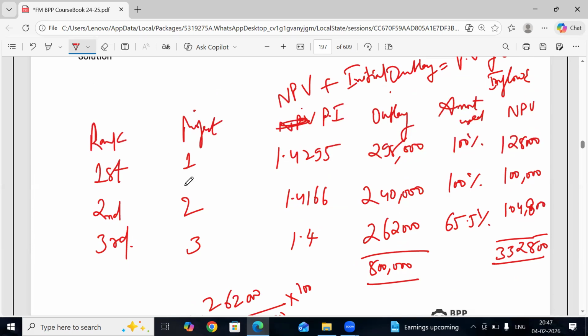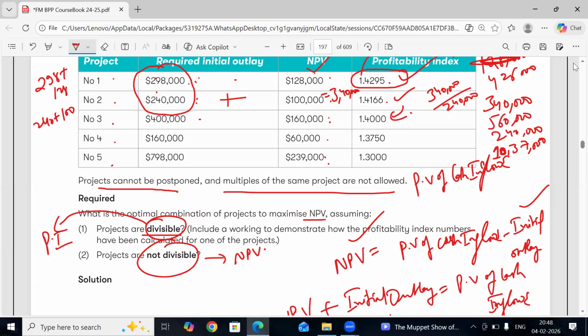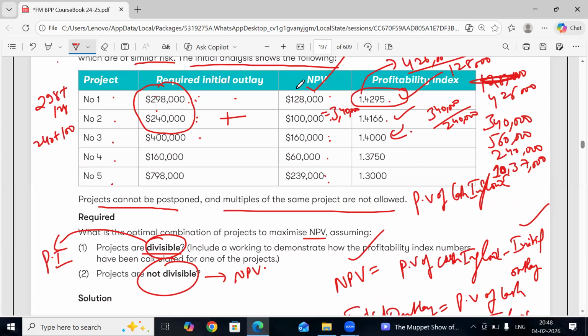Now we will take non-divisible projects. For non-divisible, we have to take the rankings as per NPV. So first rank as per NPV will go for which project? 2,39,000, this is the first rank, and that is project 5.